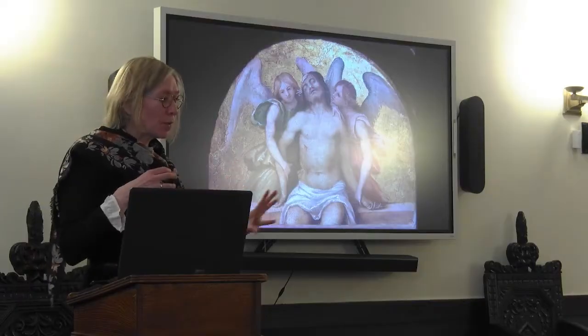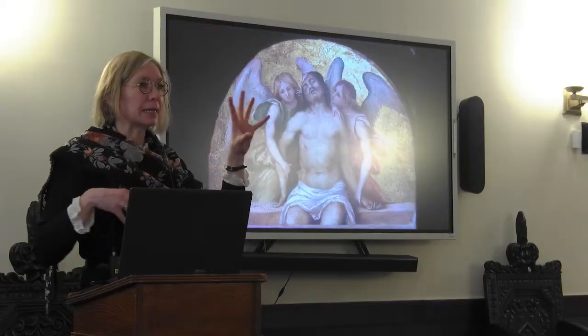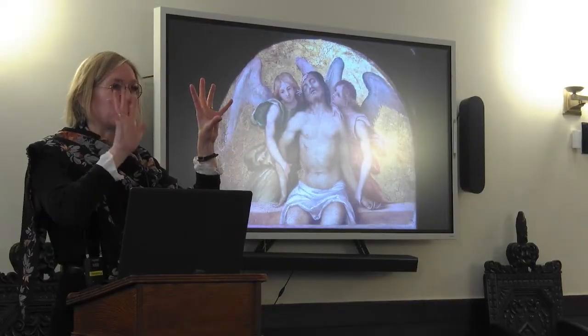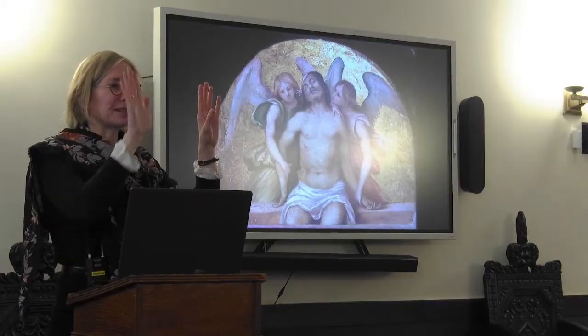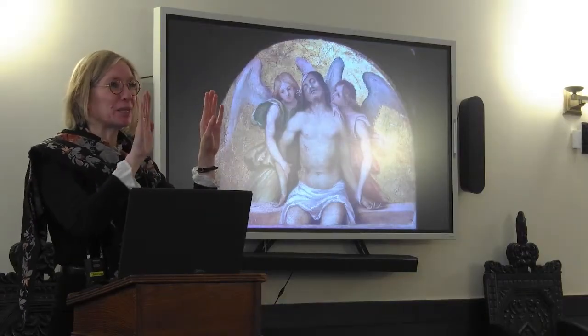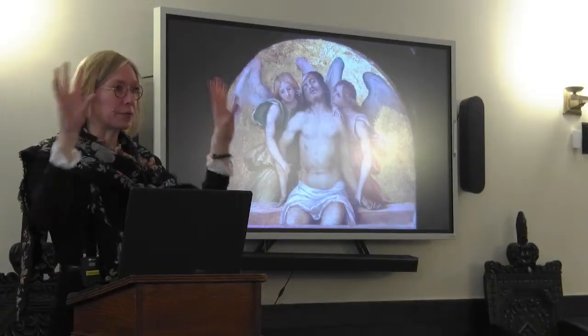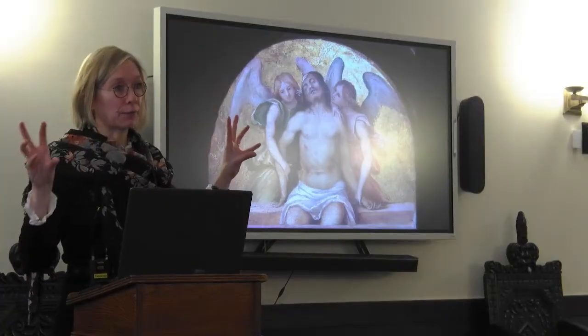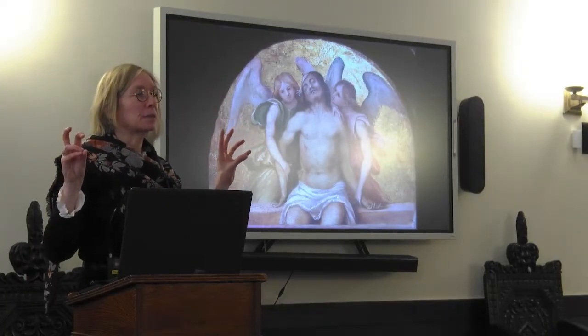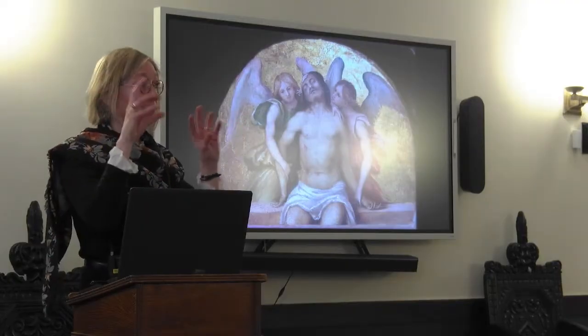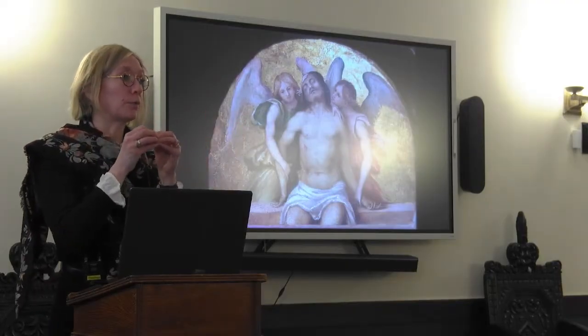So that development is happening in Italy, and so in terms of religion and Christian images in the middle here, how do those two traditions speak to each other? Because they look very different, but they're still doing a similar kind of work for Christians.